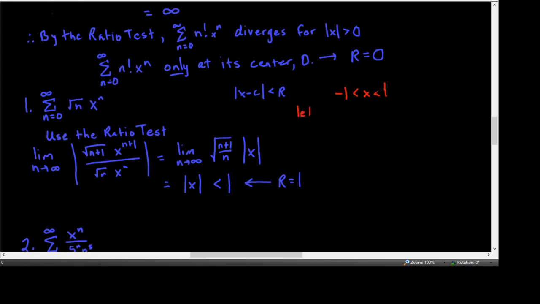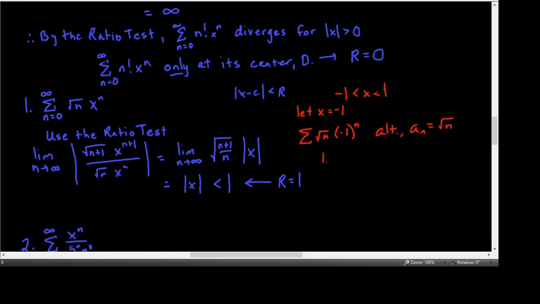So if I let x equal -1, the series will become square root of n times -1 to the nth. And that is an alternating series. And our a sub n would be the square root of n.